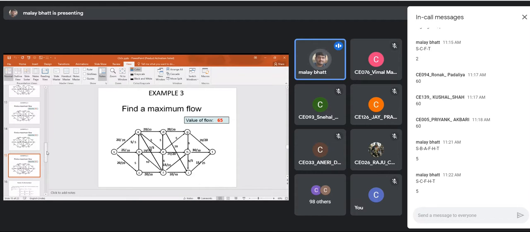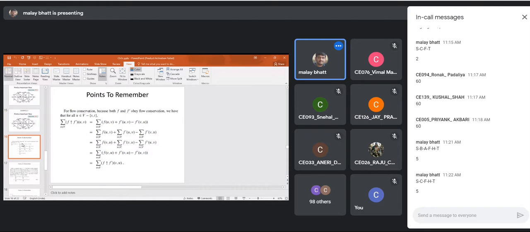So let us study certain small theorems now. If you recall, this is what we have seen in the previous lecture, right?